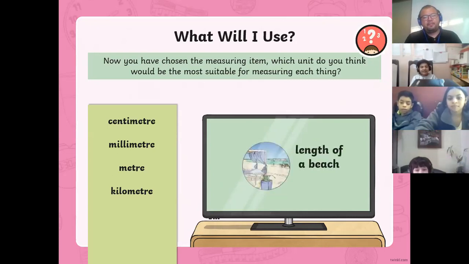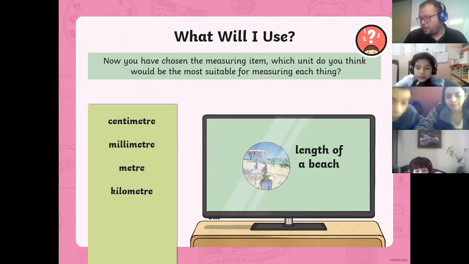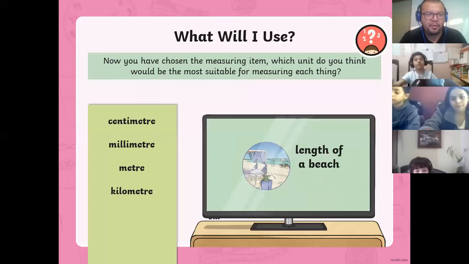Okay, length of a beach. Kilometers. Actually, there are some beaches that only have meters. For example, has somebody been in Amapala? There is a beach that is called Playa Blanca, I think, or Playa Negra. Playa Negra.